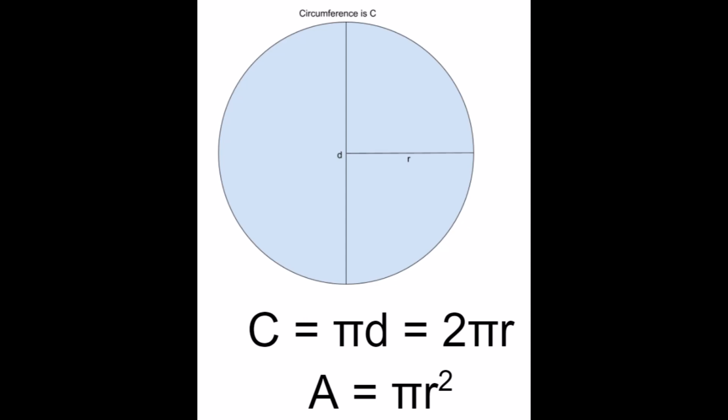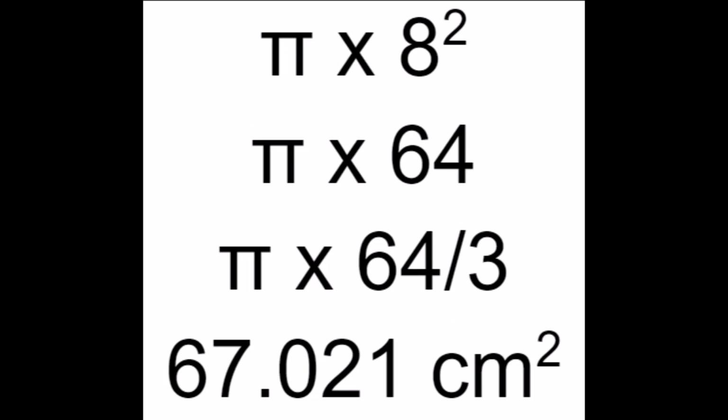You can also use this to find the area of a sector of a circle, in which case you take the area of a total circle and multiply by the fraction of the circle that the sector is. For example, for a sector with an angle of 120 degrees and a radius of 8 centimeters, the area of a total circle would be pi times 8 squared, which is 64 pi.